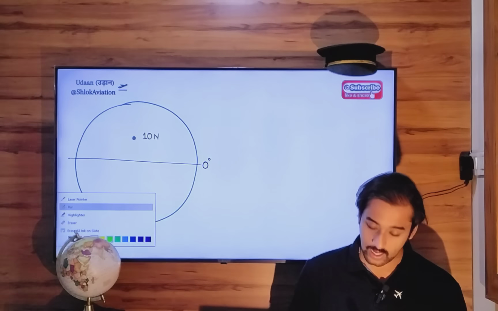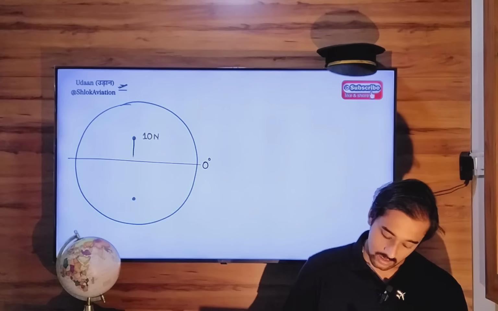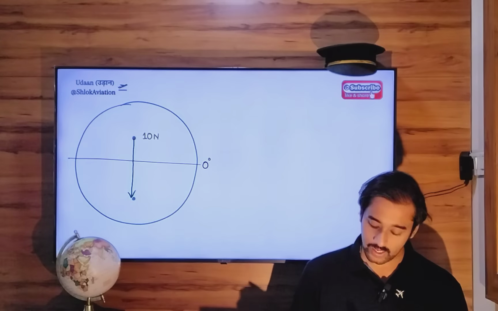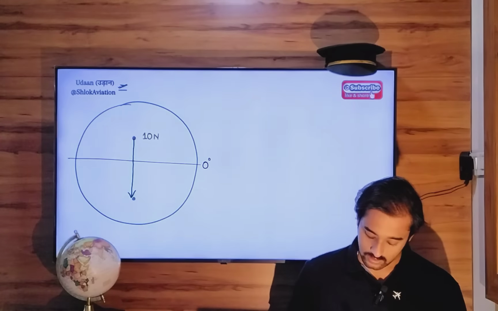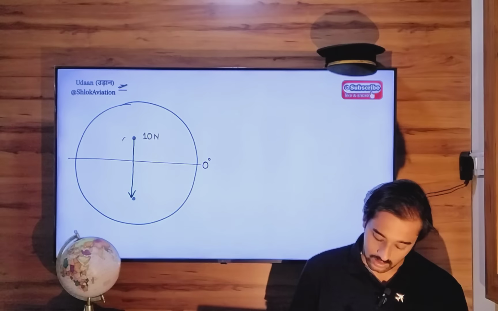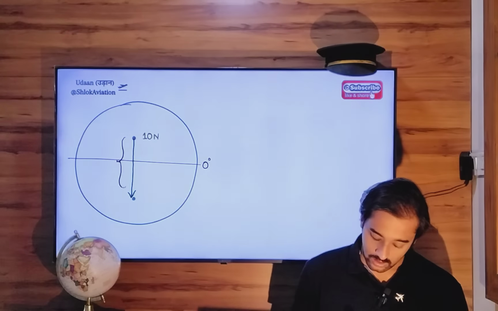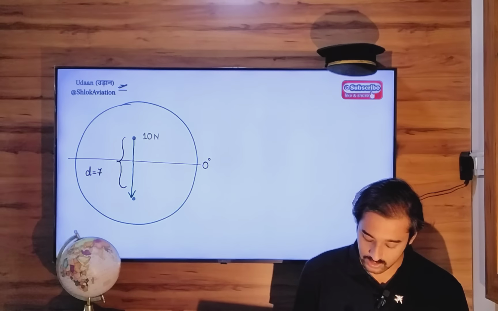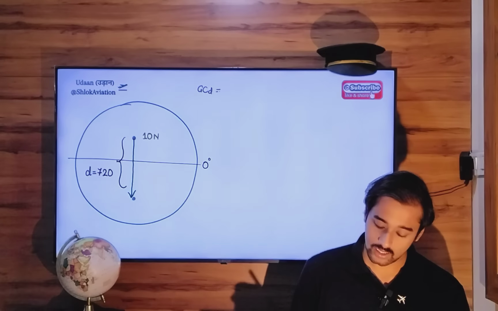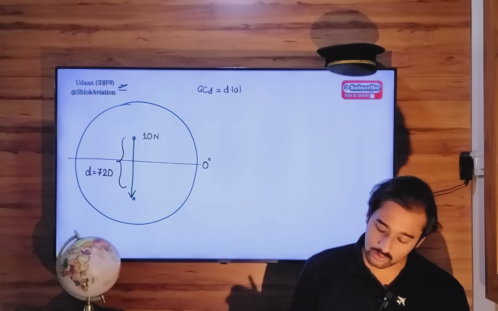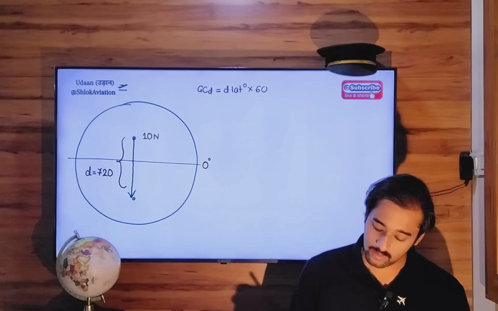The direction of flight is south. We have to find the new latitude. The distance is 720 nautical miles. Now the great circle distance formula is difference between two latitudes in degree multiplied by 60.